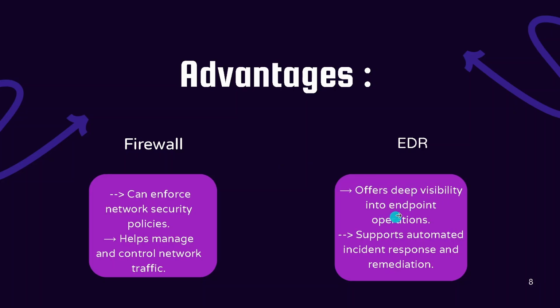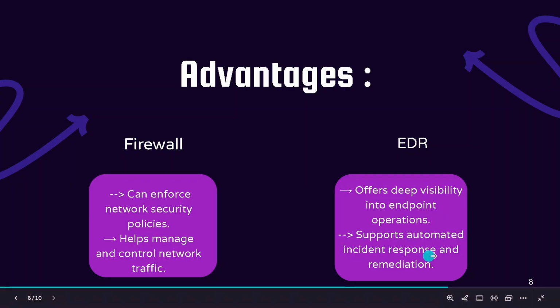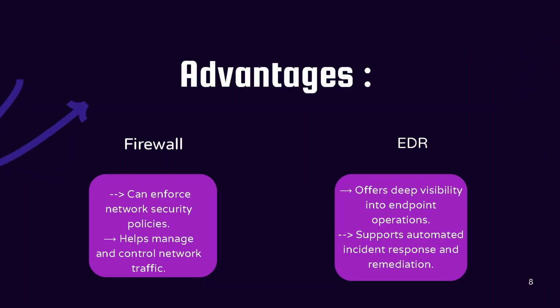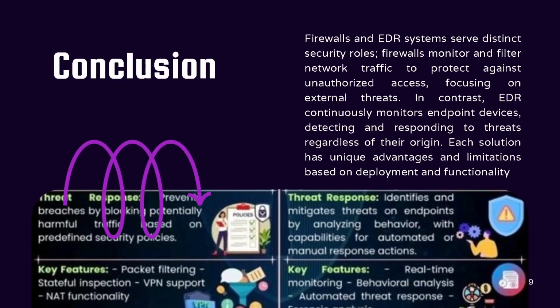It gives a detailed overview of the operations happening at the endpoint user's device. Moreover, it also supports automated incident response and remediation. Just like stated, if it identifies a threat, it will immediately start incident response and try to mitigate the threat. Moving on, we have the conclusion.